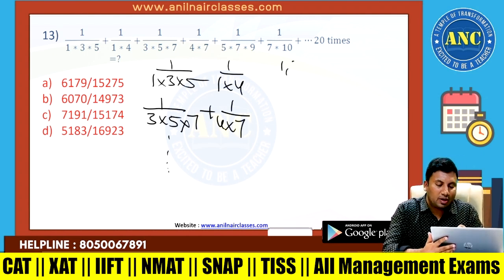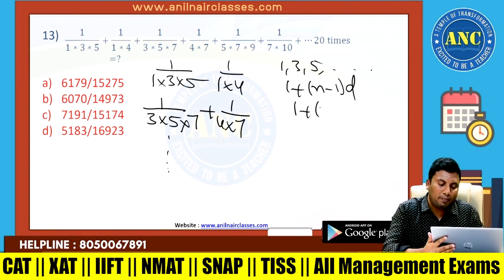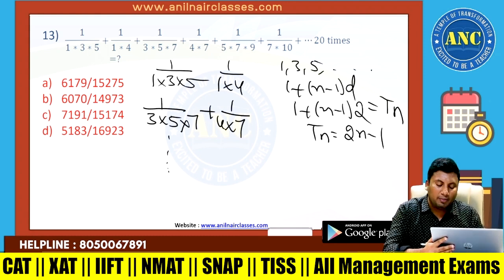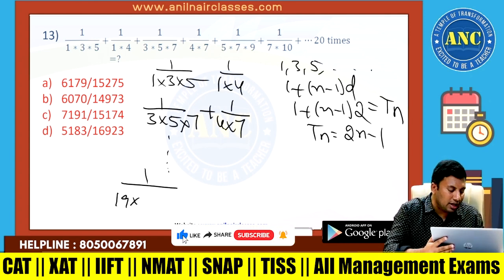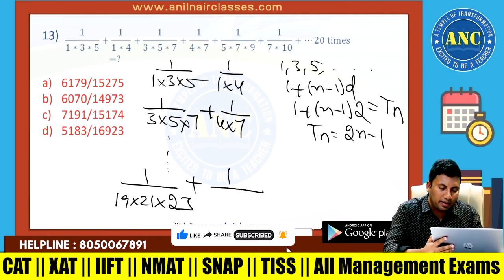So if I take 1, 3, 5 and so on, a plus n minus 1 into d, a plus n minus 1 into 2. These are nothing but Tn is 2n minus 1. So 10th term will be 20 minus 1, 19. 1 by 19 into 21 into 23, plus 1 by 1, 4, 7 and so on.